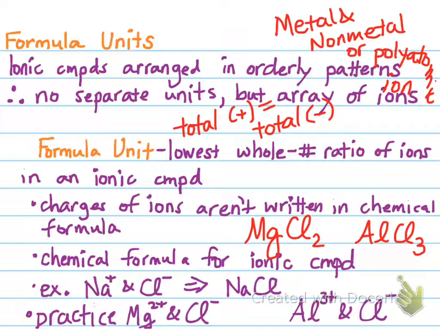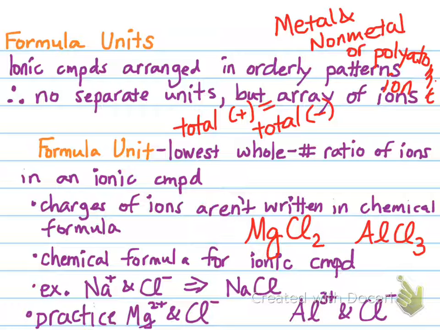So, again, before we move on, remember, calling something a formula unit means we're just communicating a little bit more information. It's still the chemical formula, but we're specifically saying it's the chemical formula of an ionic compound. So again, it would not be wrong to say MgCl2 or AlCl3 are chemical formulas. That's perfectly fine.